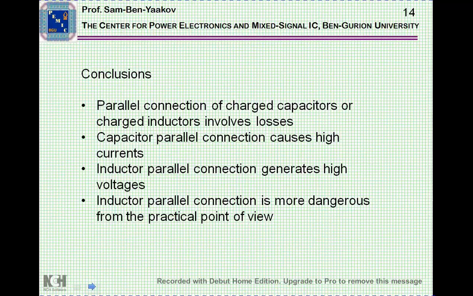In the two cases of the parallel connection of capacitors and inductors, there are losses, and there's no escape, unless, of course, the situation is such that there is no need for current flow or a change, but then this is, of course, of no interest.